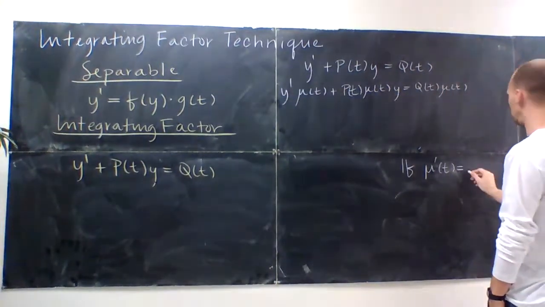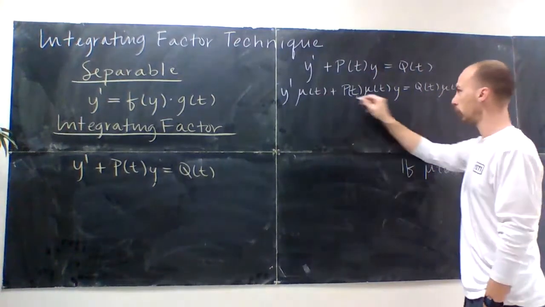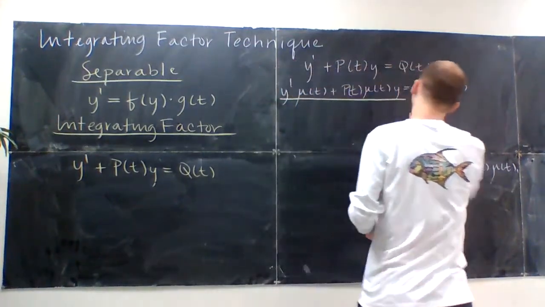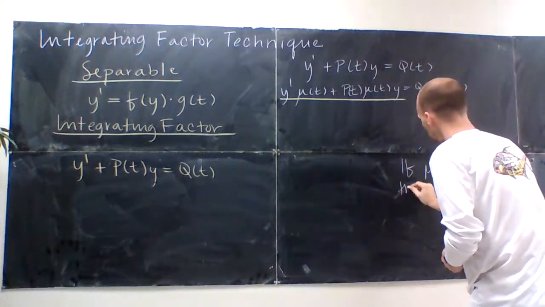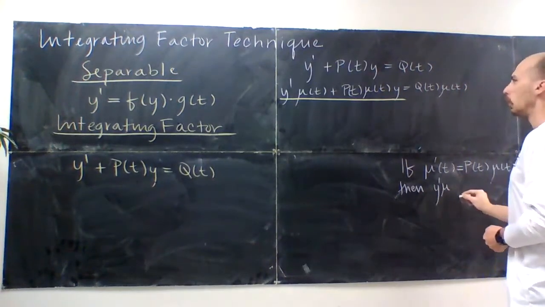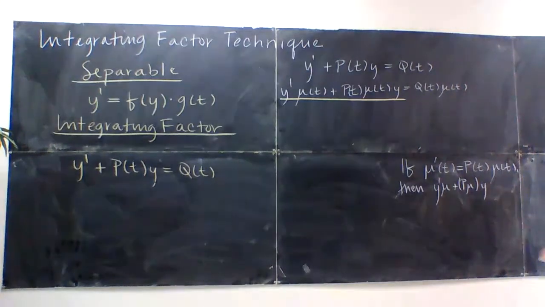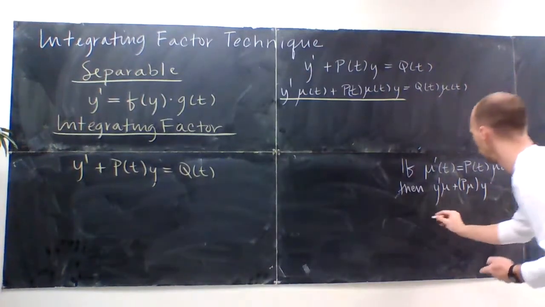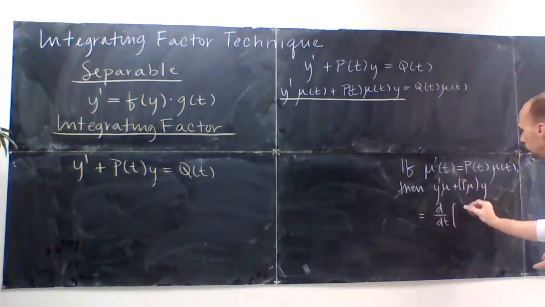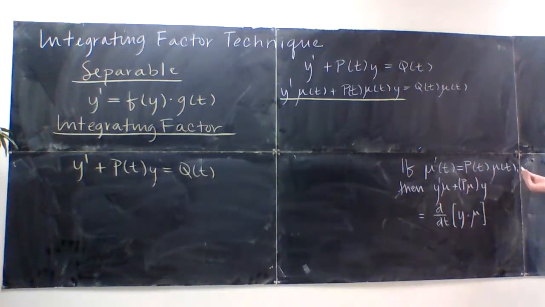So if mu prime is equal to p of t mu of t, then this thing here, which I will underline in yellow, y prime mu plus p mu times y, is going to be just the derivative of y times mu, if we can write mu prime equals p of t times mu.